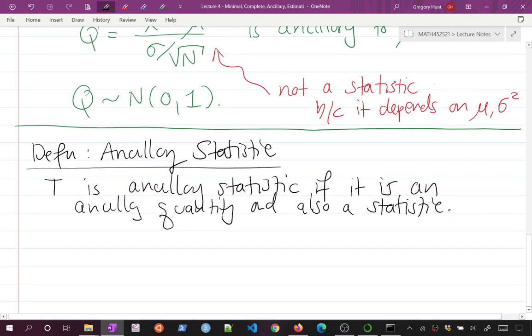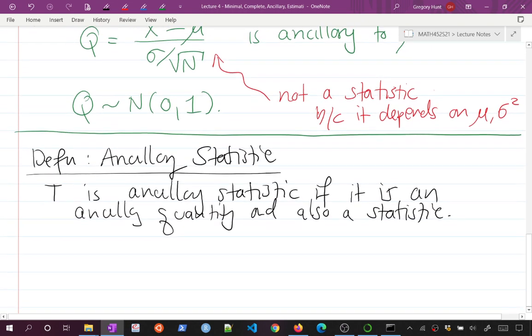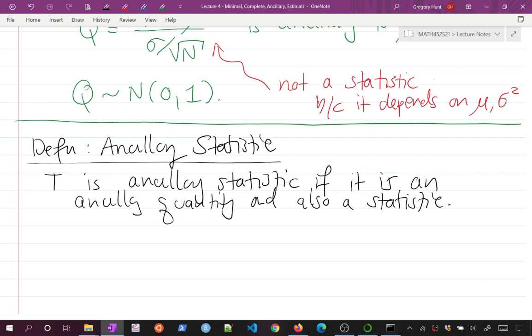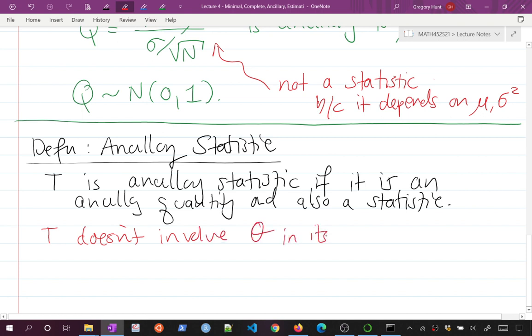So Q above would not be an ancillary statistic. The idea with an ancillary statistic is that T doesn't involve my unknown parameter, generically theta, in its formula, nor does it involve it in its distribution.